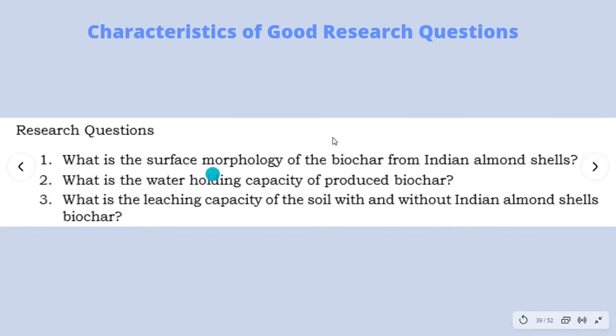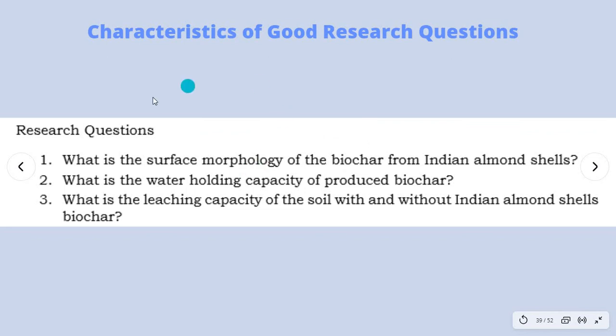Number 1, i-observe niya ang surface morphology sa product nga gibuhat. Number 2, what is the water holding capacity of the biochar? So makahold ba siya og water? Gi-measure ni. And then number 3, leaching capacity of the soil with and without Indian almond shell biochar. Gi-mix niya, so maminusan ba ang pag-leach, for example, if butangan niya og standard fertilizer. I haven't really read this study, but this is one of the examples posted in your module.